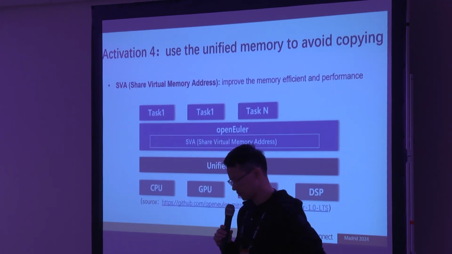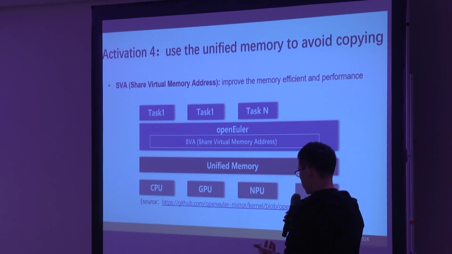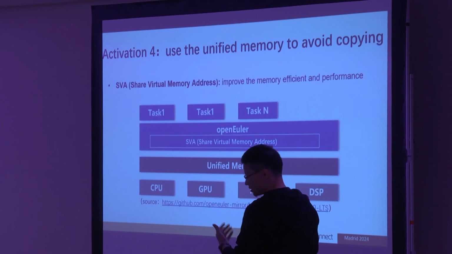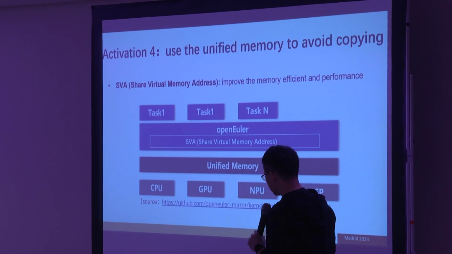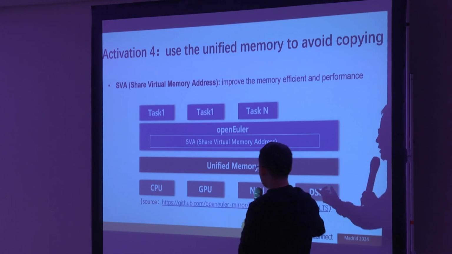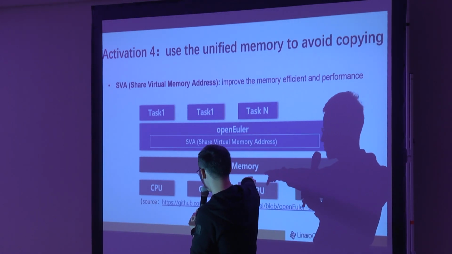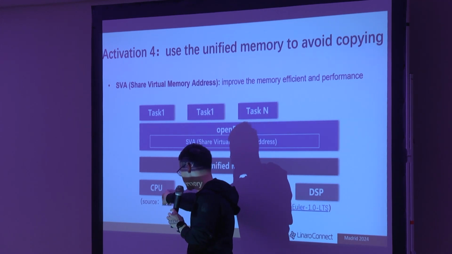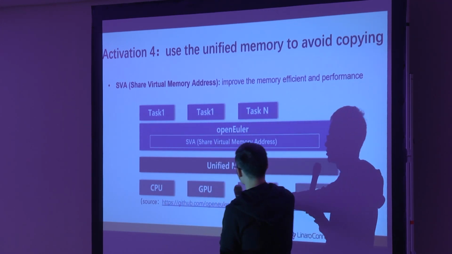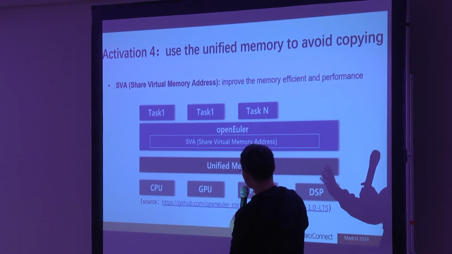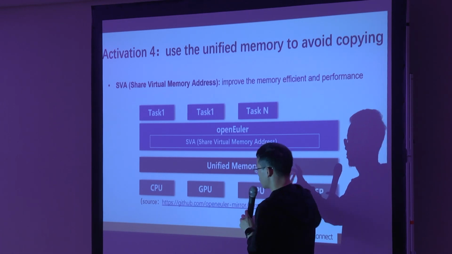And activation 4, you can see the unified memory. Because we are not on a discrete GPU, we have unified memory for our smart devices. Unified memory is very important because if you have it, you don't need to copy data from CPU to GPU or from CPU to NPU. So first, you have this architecture in hardware.